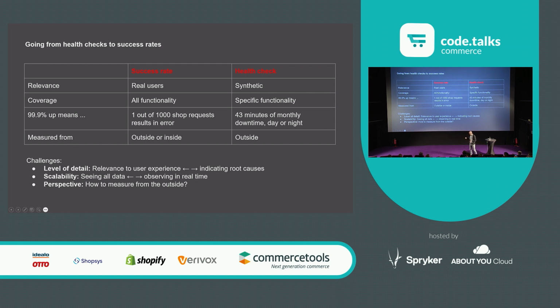If we're used to telling our business stakeholders our shop was up 99.9%, and now we start saying 99.7% of our requests were successful, it's going to raise a couple of eyebrows, but in the end it's not tragic, because in the error rate you always have certain things that are not the fault of your shop. You may have crawlers, strange affiliate calls, incorrect query parameters. So there's a certain base level of errors that we need to subtract.